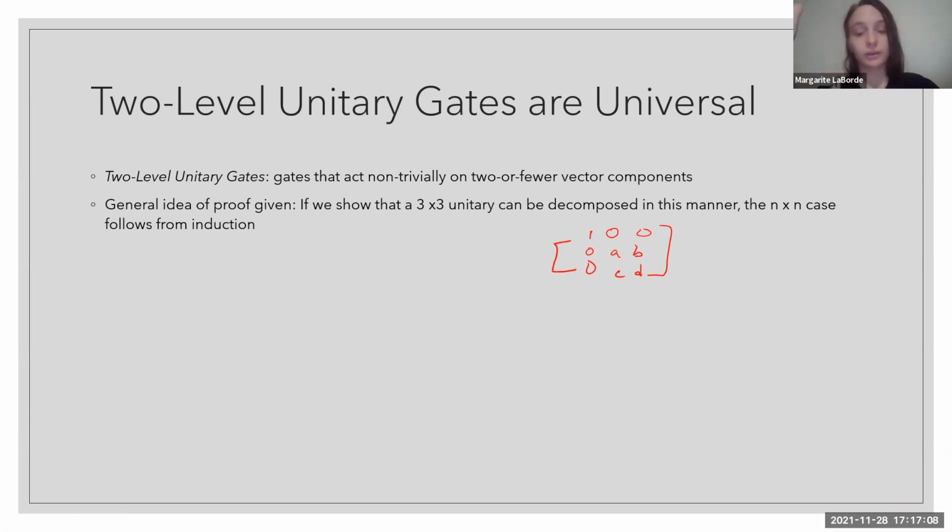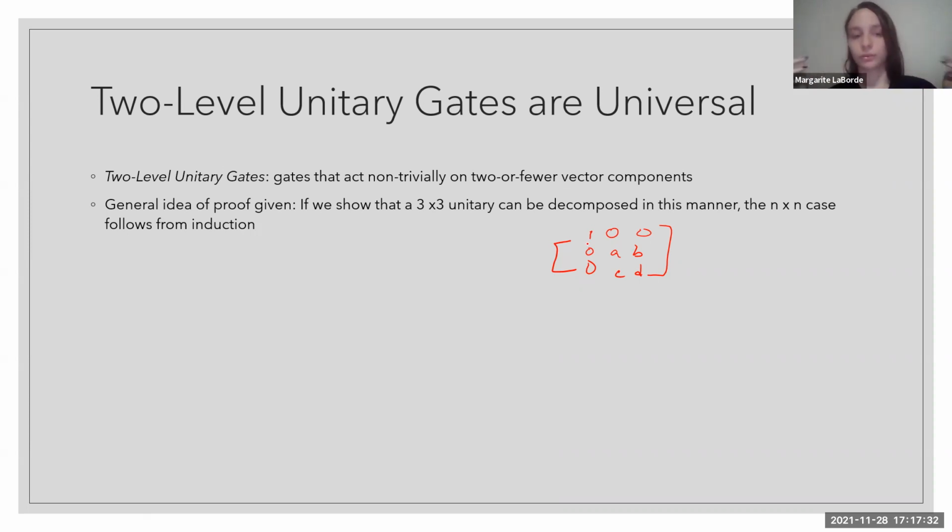If you were to take your basis vectors formed by the columns of your unitary, you could say, okay, well here it's acting non-trivially, and then it's trivial with respect to the first vector. So that's what they mean when they say it's 2-level. There's only 2 vector components or 2 columns.